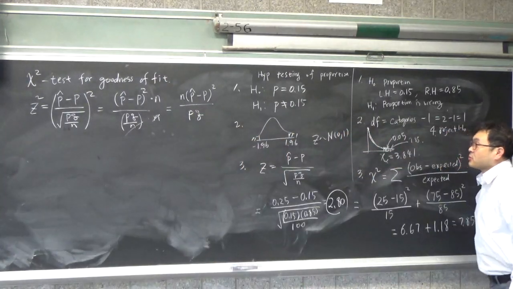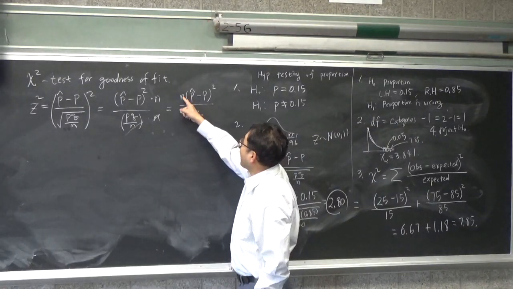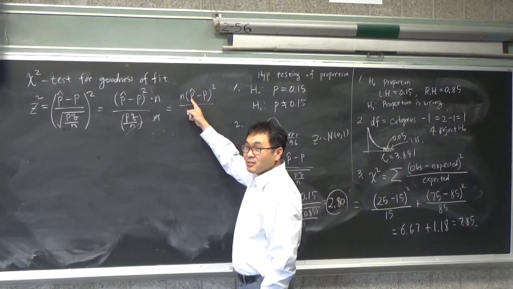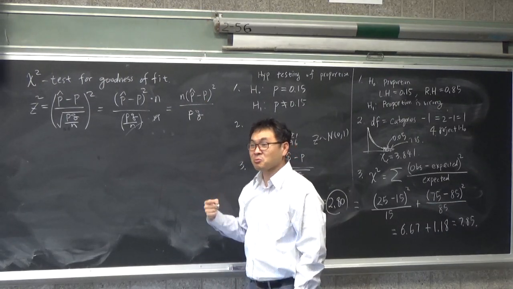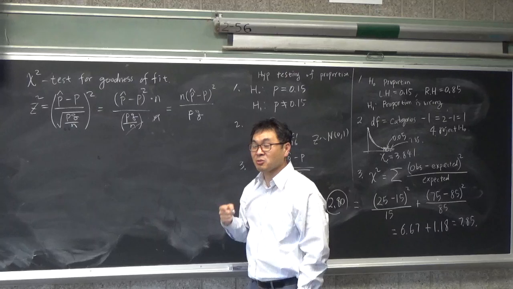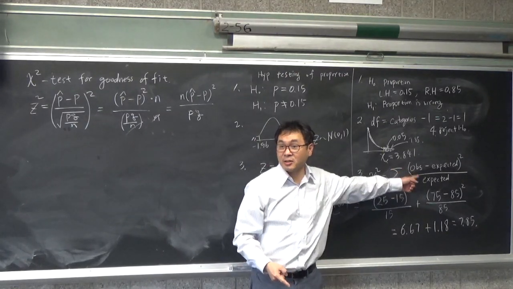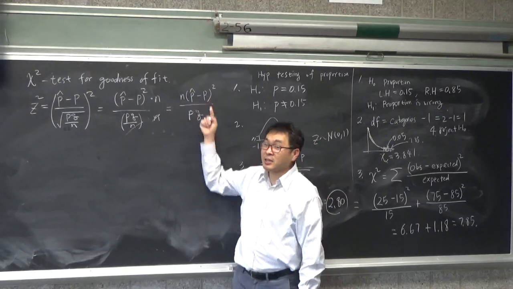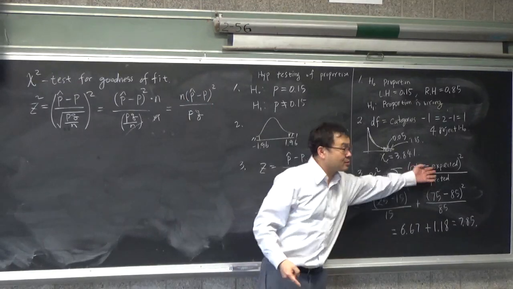Now, I look at this for a while and say, well, you know what? If you do n times p hat, that's 25 in our context, right? N is 100. 100 times 0.25 gives you 25, which is the observed quantity. And n times p is 100 times 0.15, which is 15, which is the expected quantity.